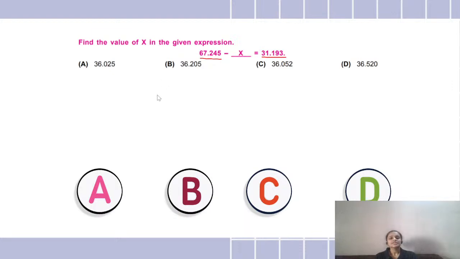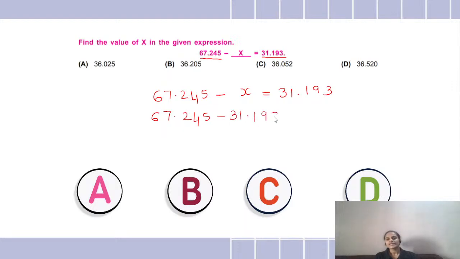So now the sum is what? 67.245 minus x equals 31.193. Okay, so I have to find this x. I have to simply find the number that has to be subtracted from 67.245 to get this. So now to find x, I can simply exchange the places of these two. So I can write like this: 67.245 minus 31.193 equals x.